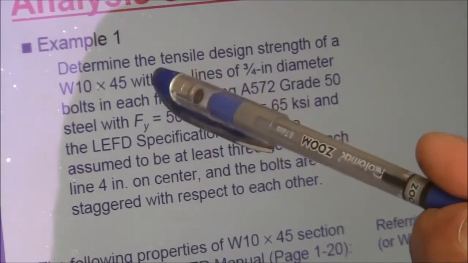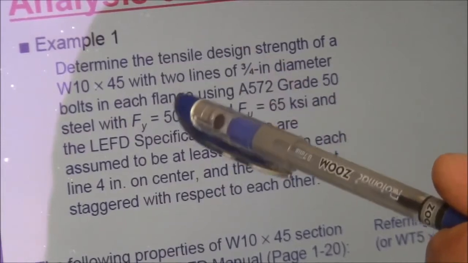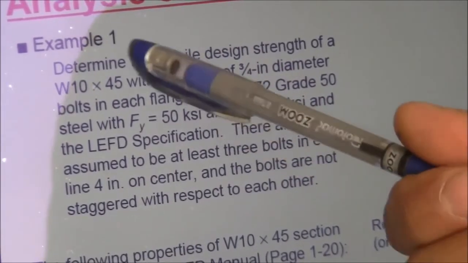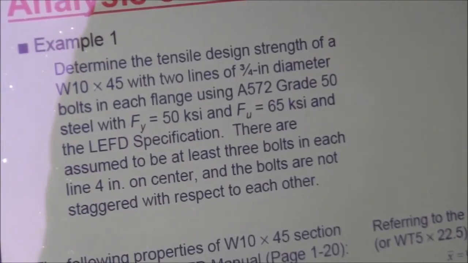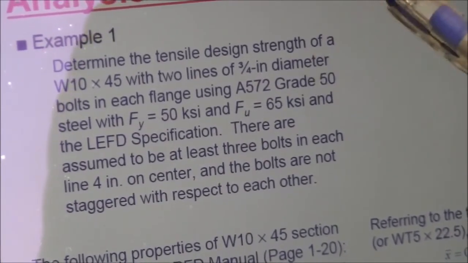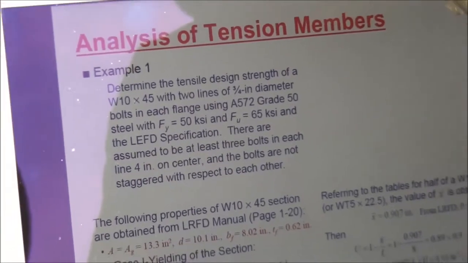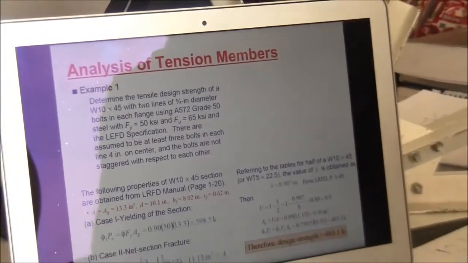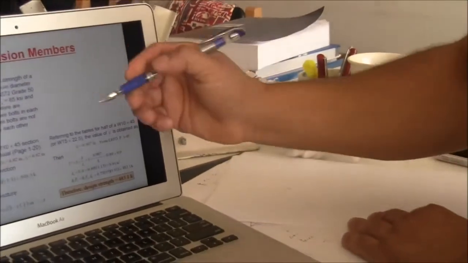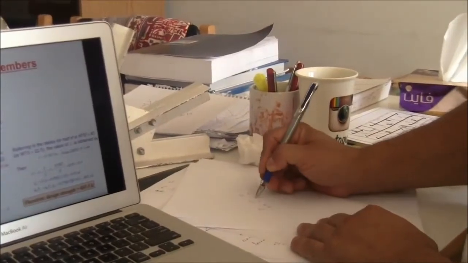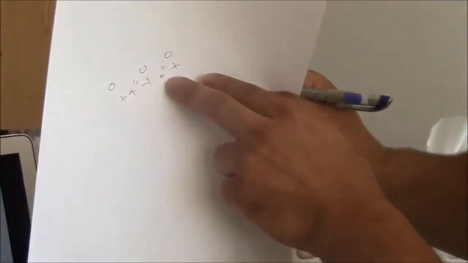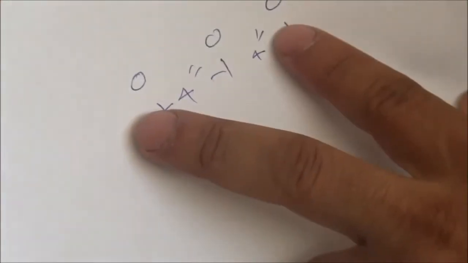If B flange is greater or equal to 2/3 of D, for this section, we can use U equal 0.9, or we calculate 1 minus X bar over L. In this case, they are saying at least 3 bolts, and the distance between each 2 bolts is 4 inch. So the length of the connection is 8 inch.